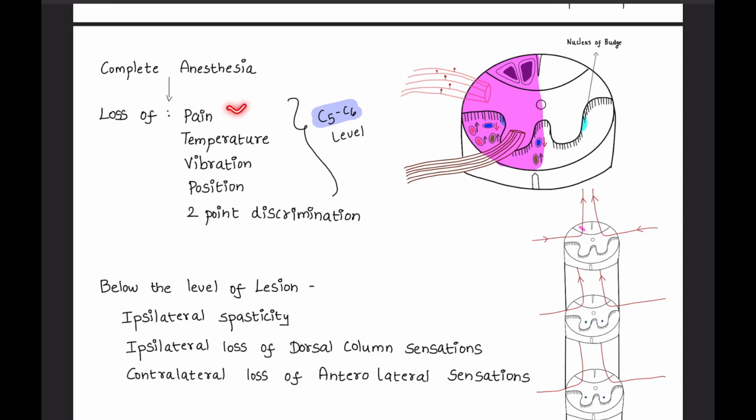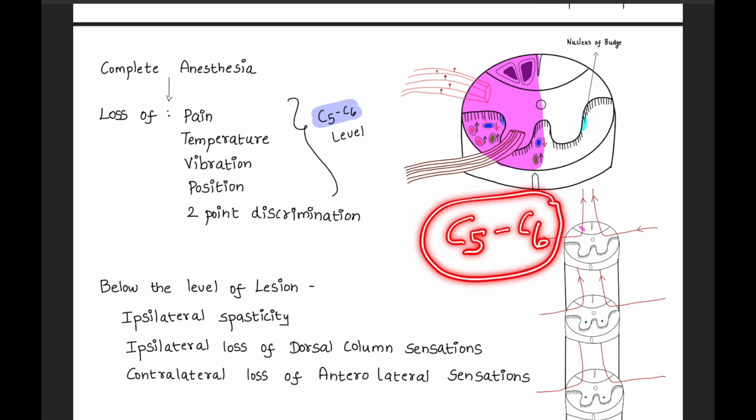There will be loss of pain, temperature, vibration, position and 2-point discrimination. Please note that this Brown-Séquard syndrome, this hemisection of the spinal cord, is common around C5 and C6 vertebral level. So consider this as C7, T1.